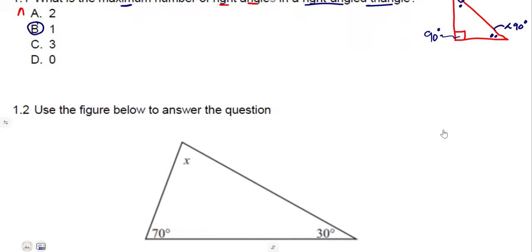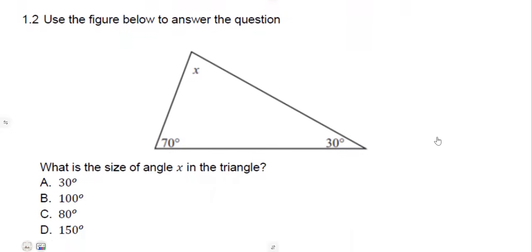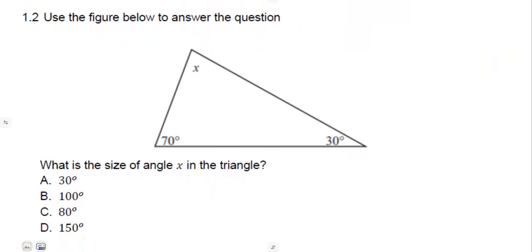All right, moving on to 1.2, we are given: use the figure below to answer the question. There is a triangle, and you are asked what is the size of angle marked X?